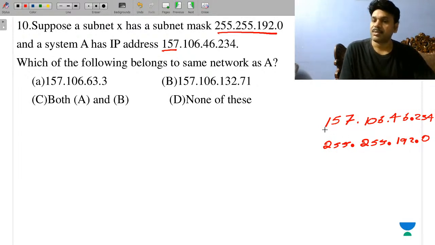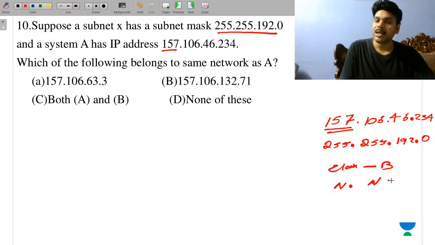As this is a classful mask, 157 belongs to class B. When you talk about class B, it is a double N and double H format. So our intention is the last 2 octets only.